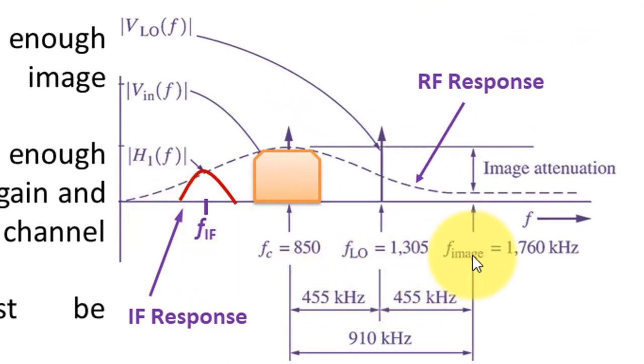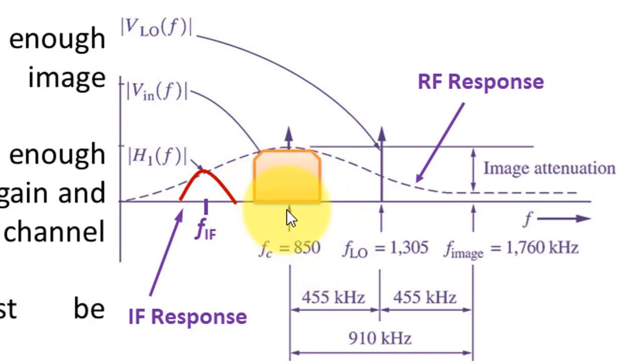This figure shows the multiple frequency components in the heterodyne receiver. This line shows the RF response of the filter, this shows the input signal in the frequency domain, and this represents the intermediate filter response. This portion shows the message signal centered around FC, which is 850 kilohertz, with signal bandwidth from FC minus FM to FC plus FM.